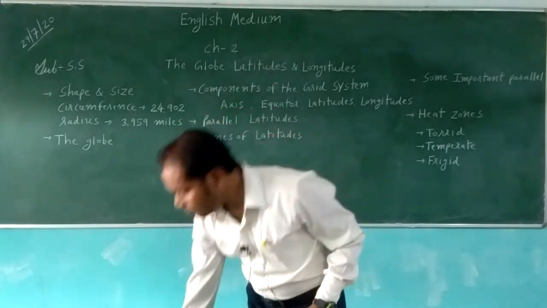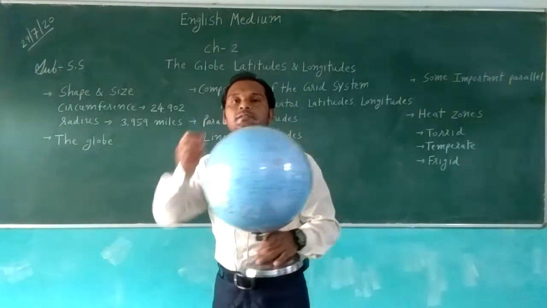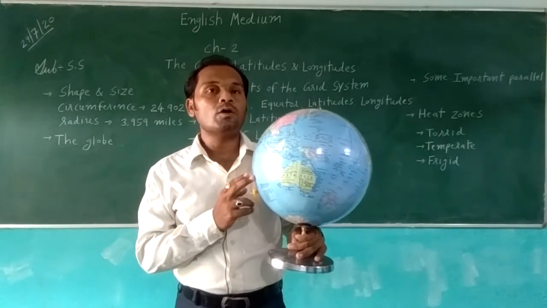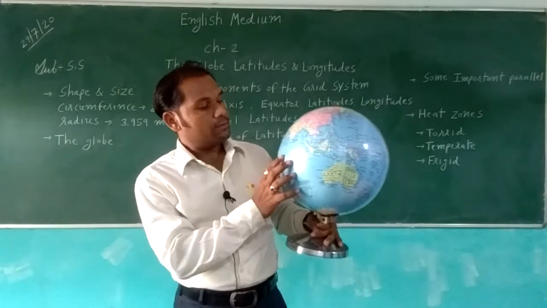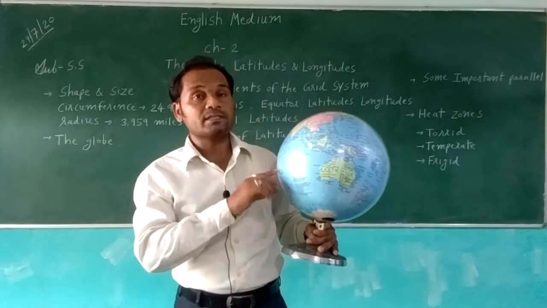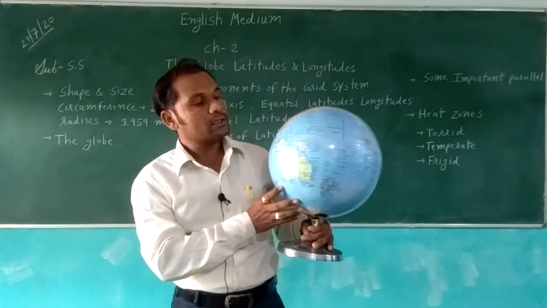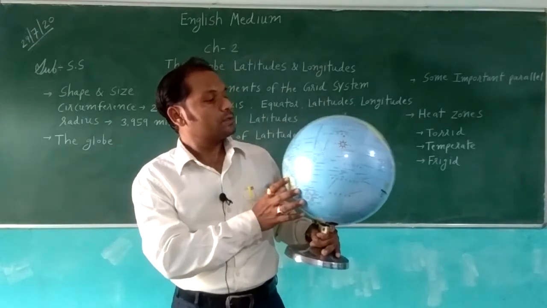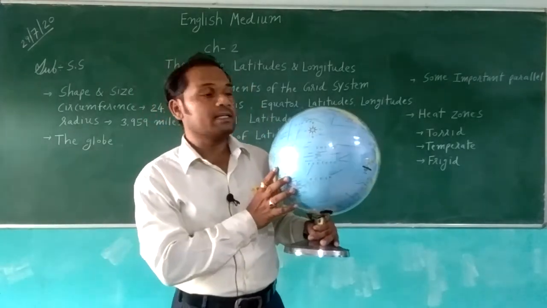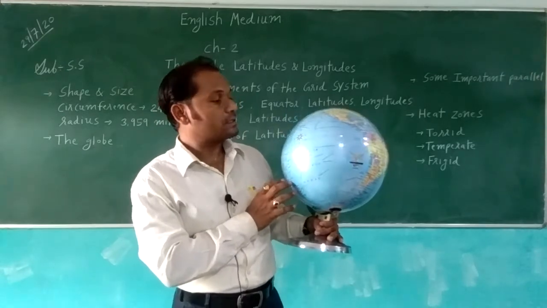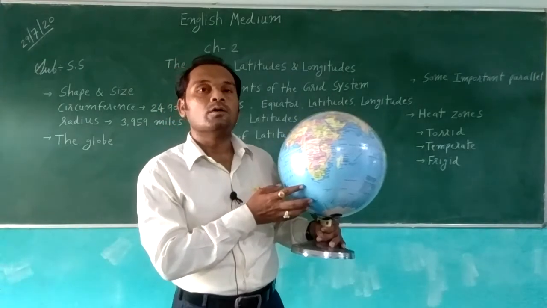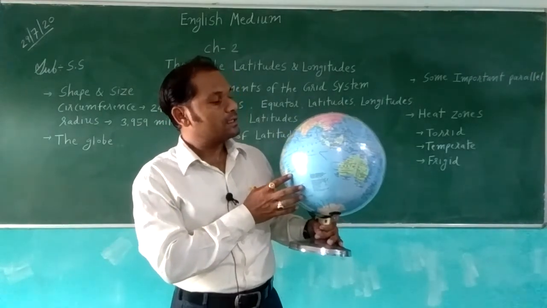A globe is a small model of the Earth. You can see there are some lines on it, vertical lines and horizontal lines, forming a square-shaped pattern. You can see many countries and oceans, all given here.